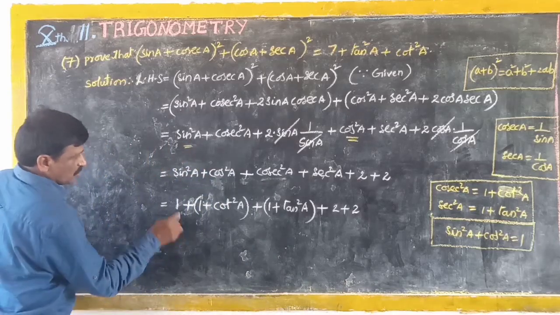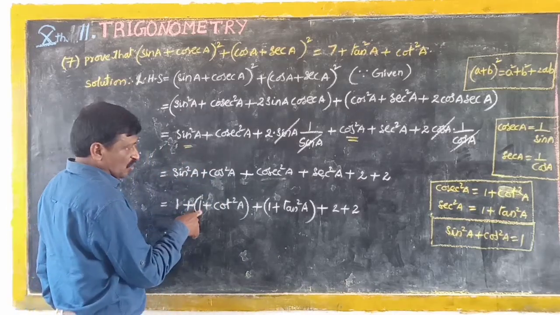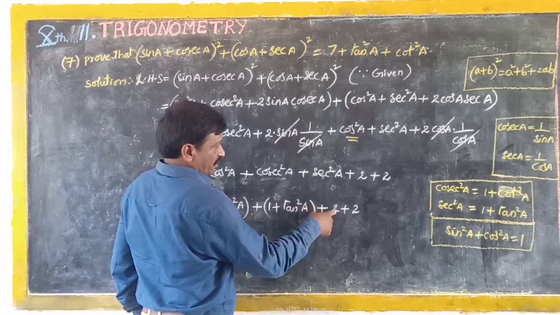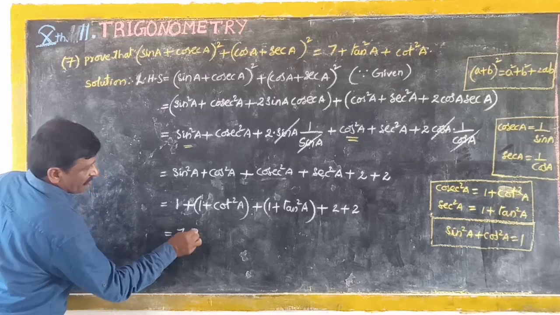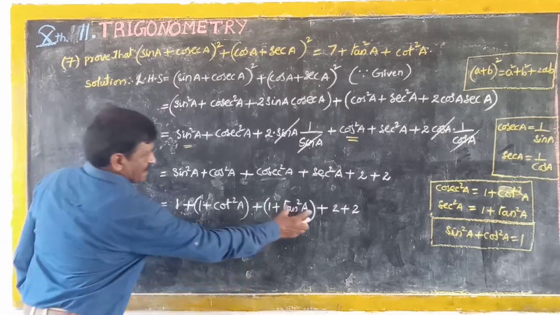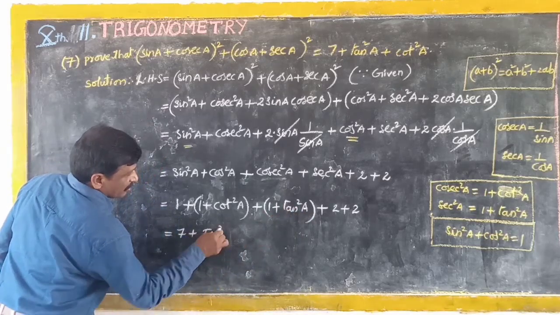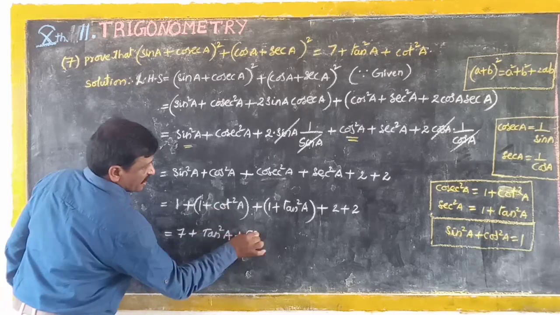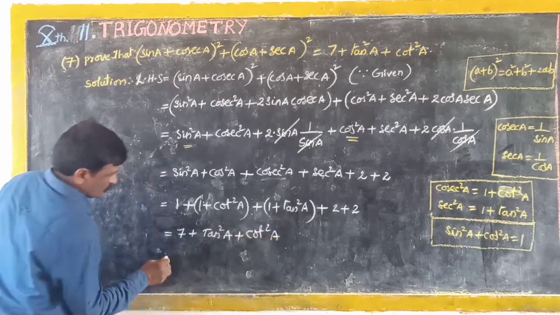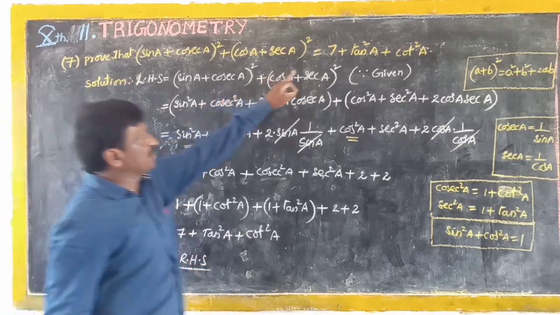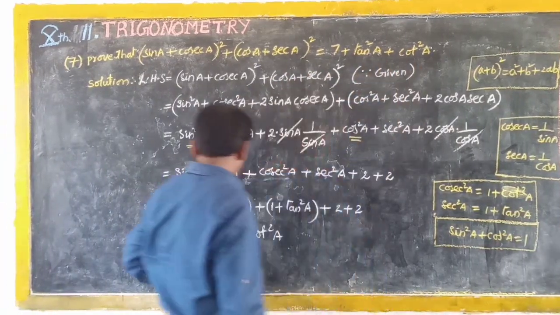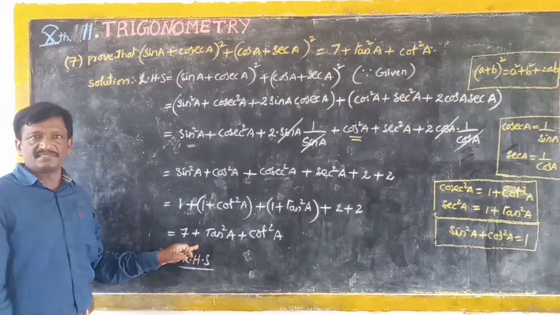So 1 and 1 is 2, 3, 3 plus 2 is 5, 5 plus 2 is 7. So 7 plus tan²a plus cot²a is equal to RHS.